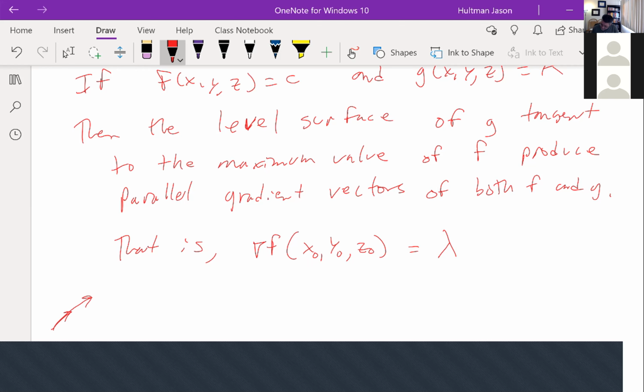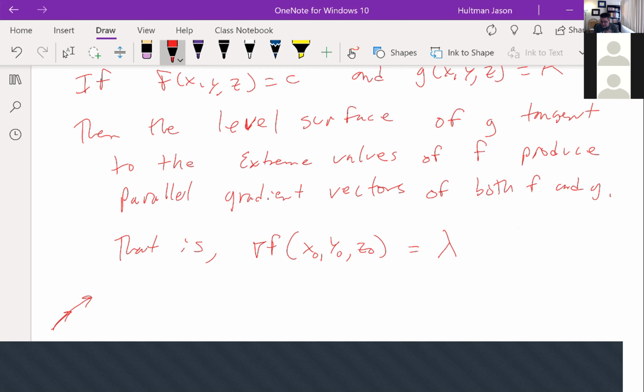Okay, so the level surface of g tangent to the maximum value. So we found the maximum value. I could just say, I'm not going to say maximum, I'm going to say extreme value, because there could be more than one.